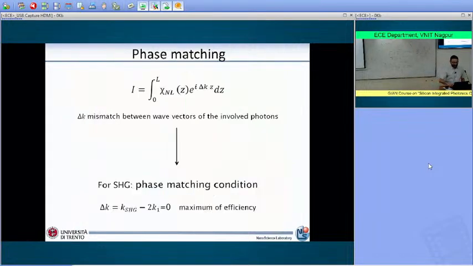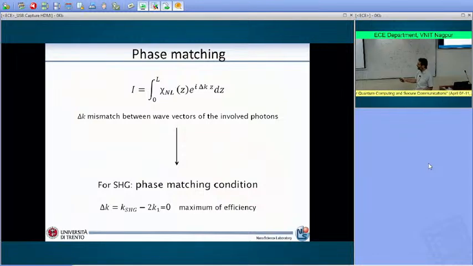And so this conservation of the momentum is called the phase matching. What you see here is, as a function of the distance inside the material, so as a function of how much the pump photons are propagating through my material, how the intensity of the generated photon increases with the length. So the longer the length, the larger the generated photon intensity, depending on the value of this parameter here.